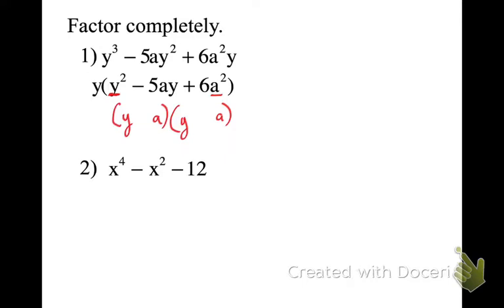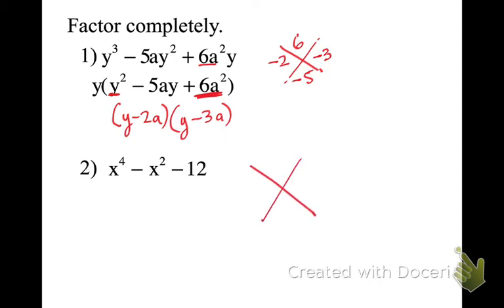And now we have to decide what multiplies to 6, the last term, and adds to the middle term. Negative 3, negative 2. There we go. So both of those are the coefficient of a. It has a coefficient, not y, so it would have to be minus 2a minus 3a.